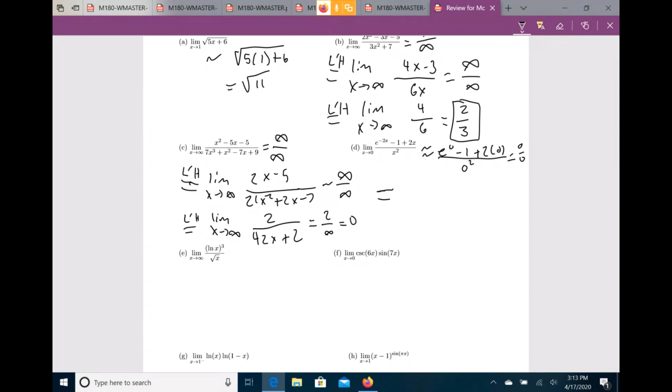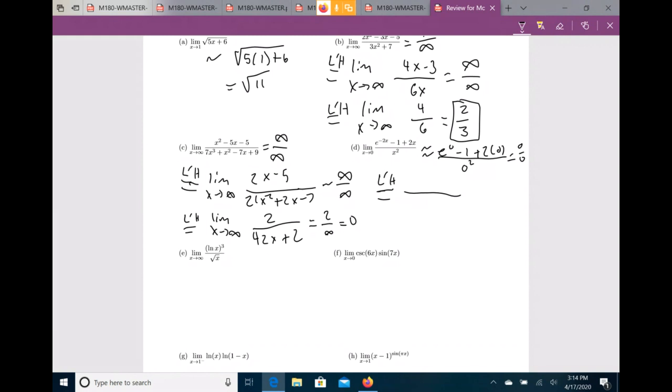Okay, so what rule will we use? L'Hopital's rule. All right, good. So what's the derivative of e to the negative 2x? Good, negative 2e to the negative 2x, right? The derivative of e to some function will be e to that same function times the derivative.